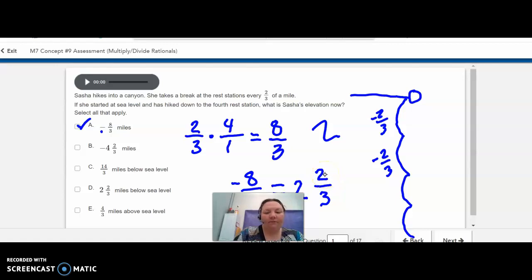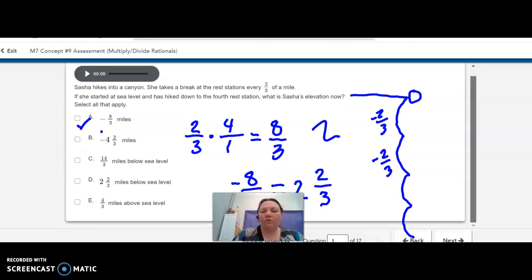And so sure enough, we would have -2 and 2/3, which we can think about as being very similar when we think about the word below sea level. Even though there's not a negative in front of it, the word below represents that negative value. Okay? And so there were 2 correct answer choices for number 1. Turning that improper fraction into a mixed number was really important.